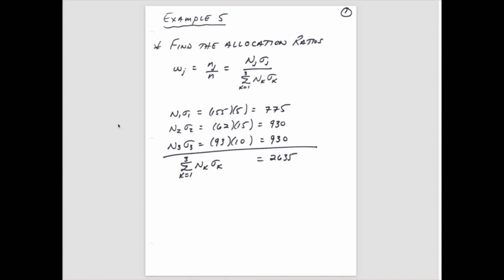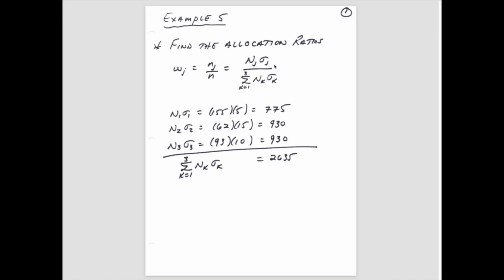Okay, so we want to find the allocation ratios, and this is the formula that we'll use to do that. Now, notice that the denominator is the sum of the values in the numerator for the 3 strata. So what I'm going to do is just calculate N sub j times sigma sub j for each of the 3 strata. Now, notice that the formula calls for sigma sub j, not sigma squared sub j.